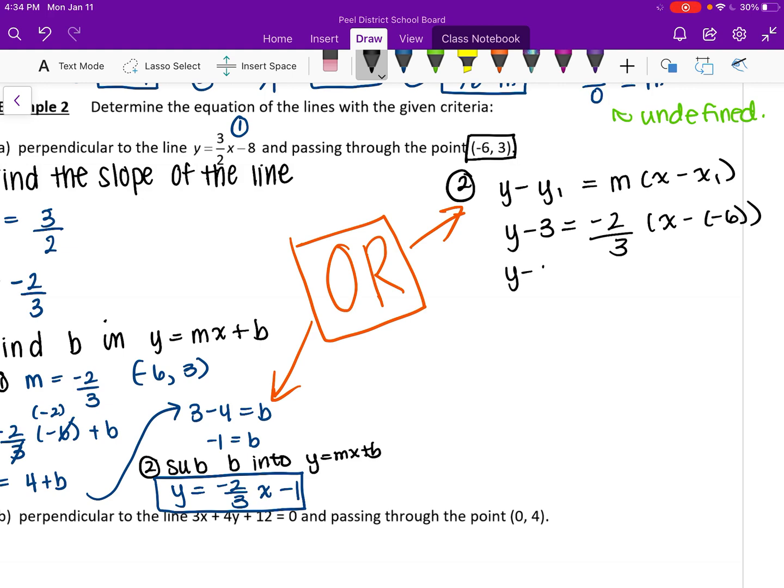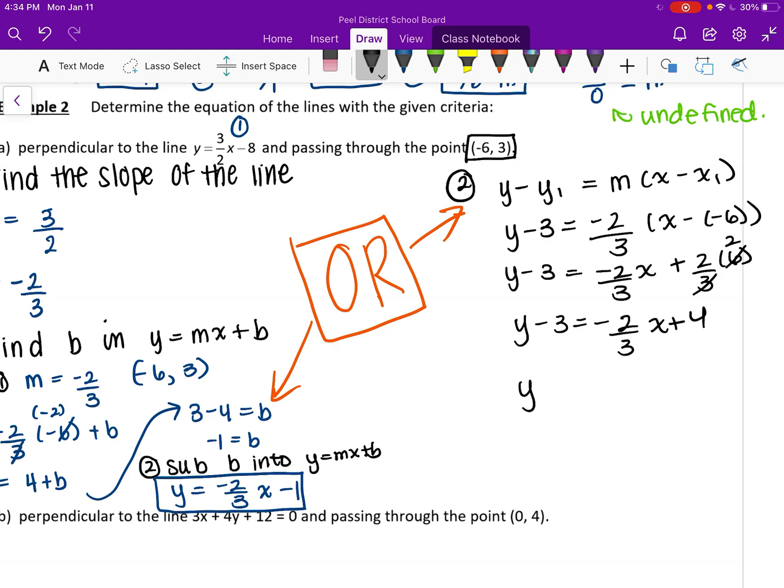So y minus 3 equals negative 2 over 3x plus 2 over 3 times 6. I'm just going to cross that out. So I have 2, and I'm just going to solve. That becomes a plus 4.